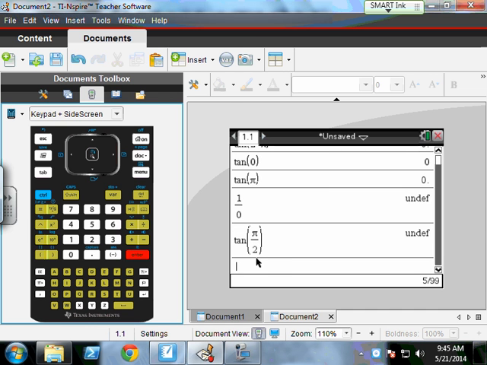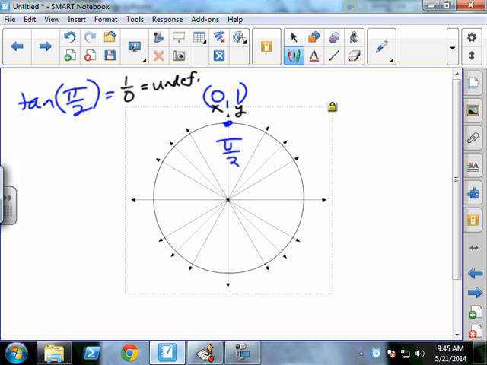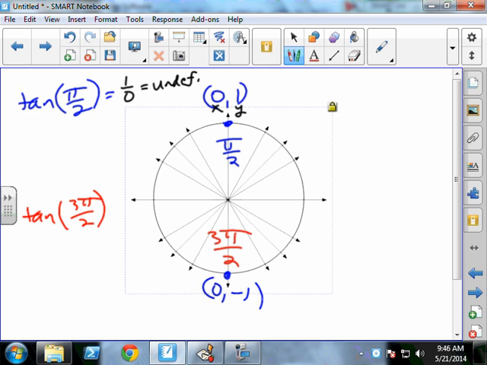Remember we talked about being 180 out, so let's go to the South Pole. (0, -1). That's going to be 3 pi over 2. So the tangent at 3 pi over 2 is y over x, so -1 divided by 0 should be undefined again.